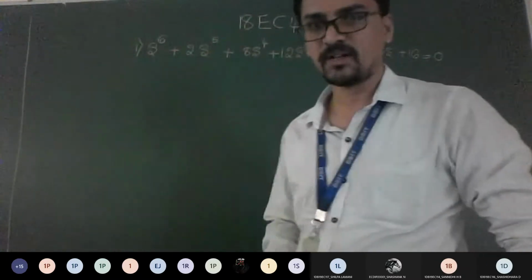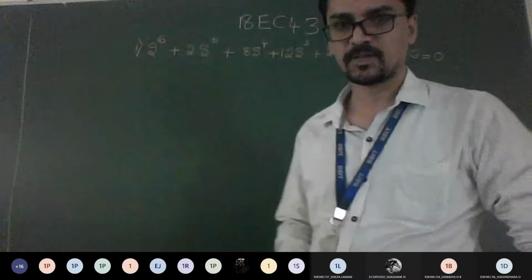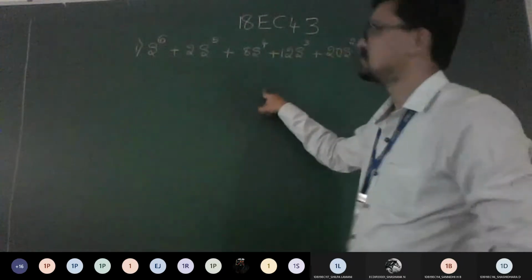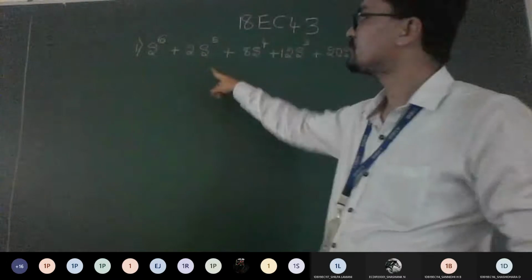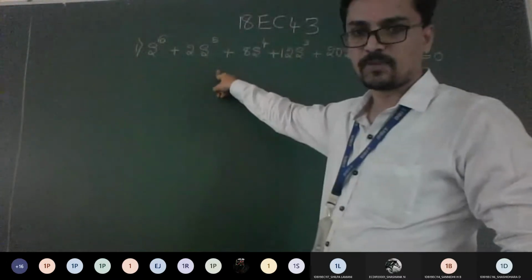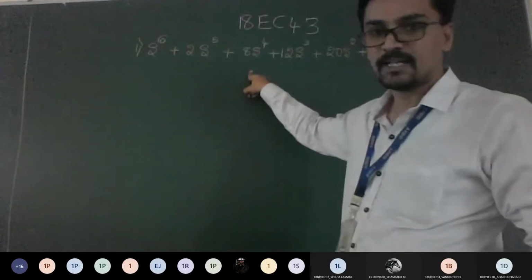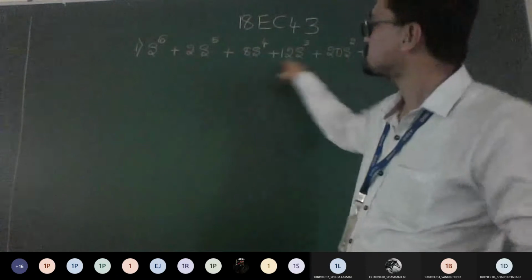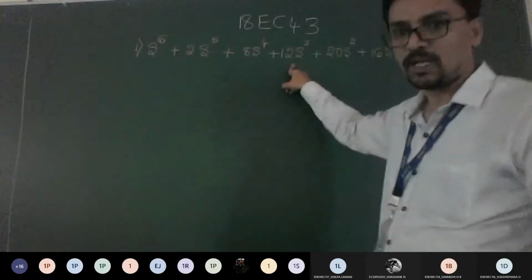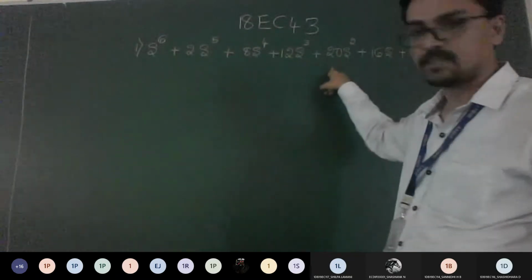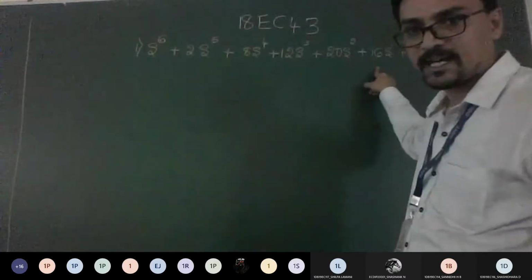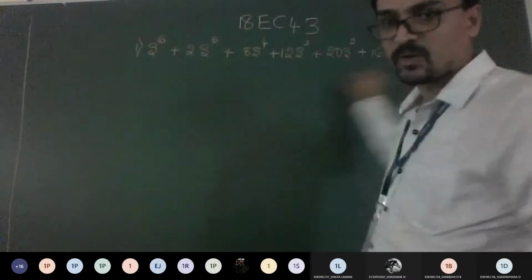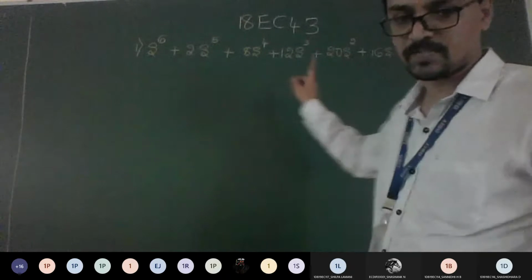The question is on the board; is it visible? The question is s power 6 plus 2s power 5 plus 8s power 4 plus 12s cube plus 20s square plus 16s plus 16 equal to 0. So the question is visible.